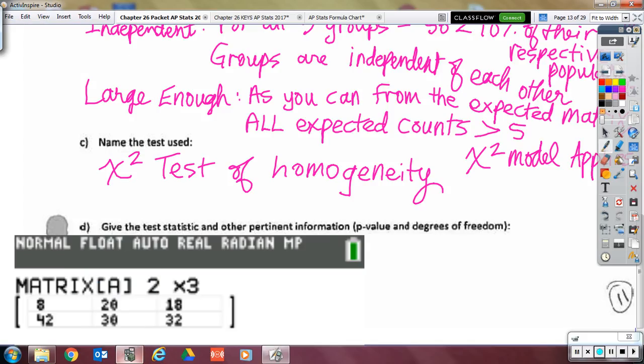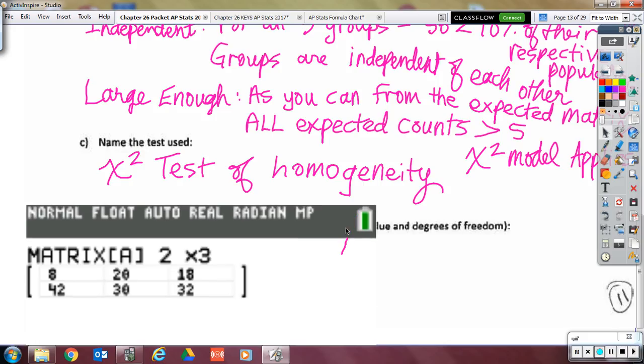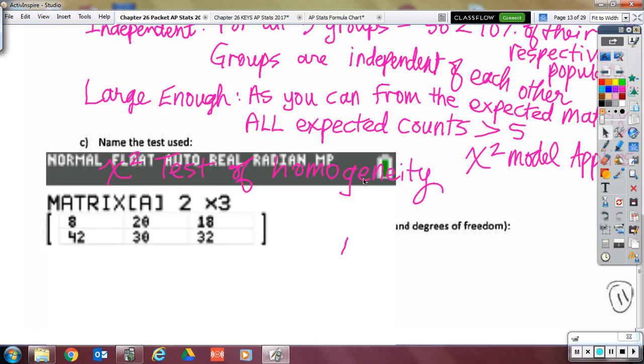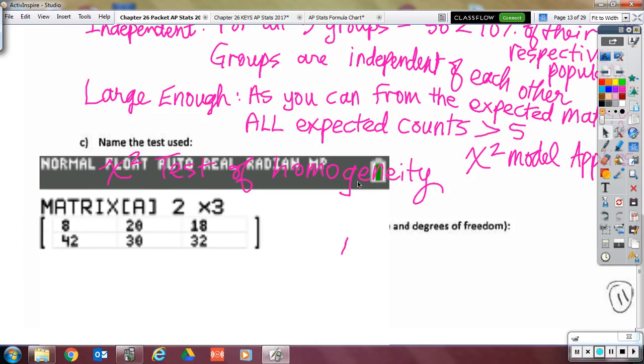So what you need to do then is put in these numbers that you got. Your 8, 20, 18, 42, 30, and 32. Okay. So that makes your observed matrix.